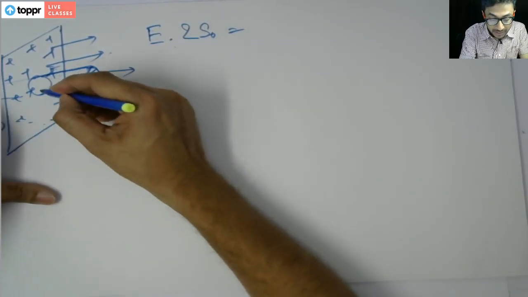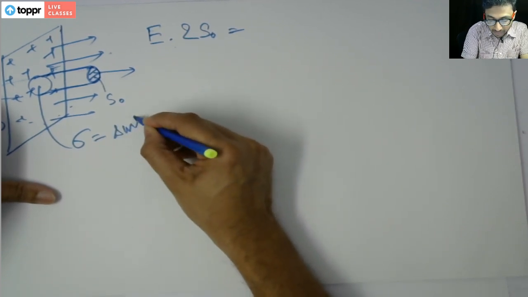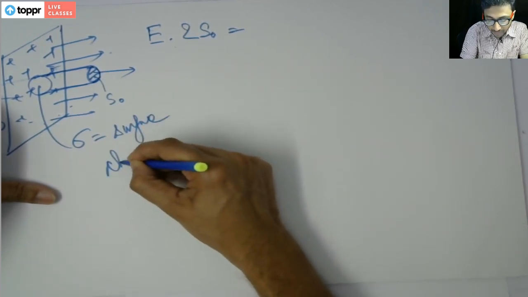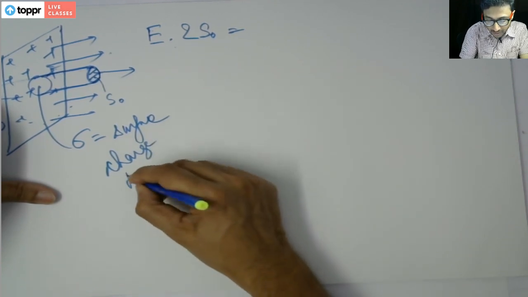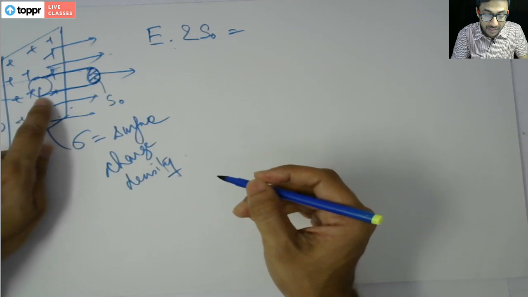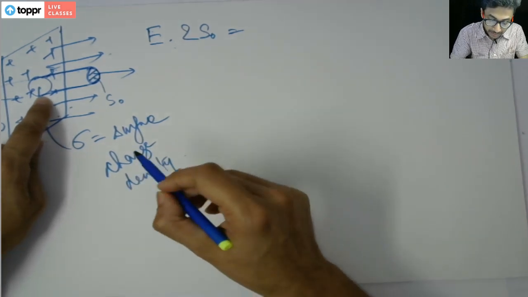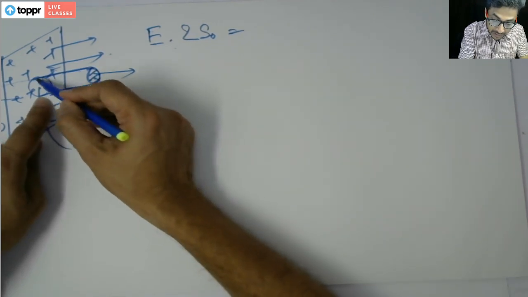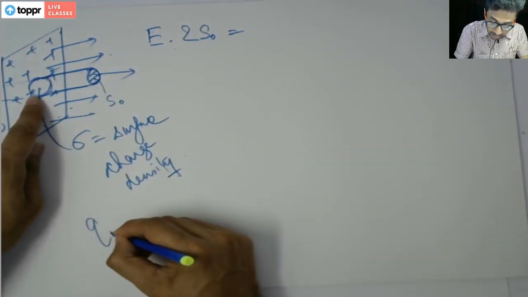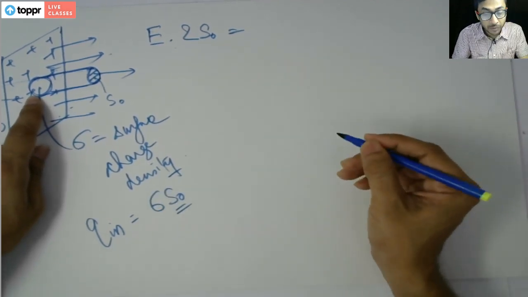Say sigma is the surface charge density. Then the charge Q enclosed is sigma into S0.